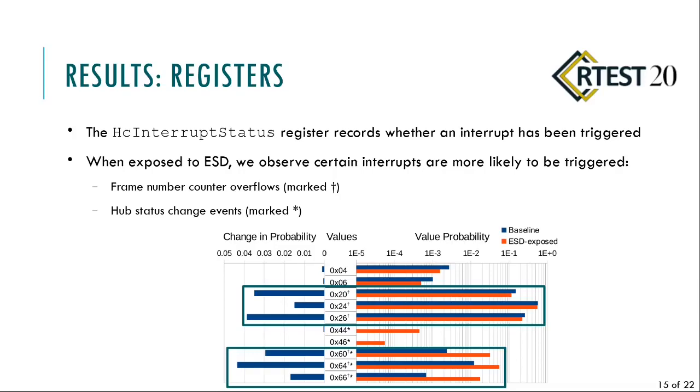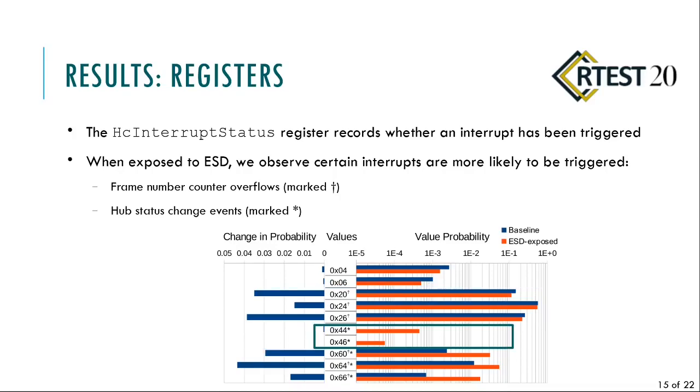So we see that perhaps a lot more frames are sent when the system is exposed to ESD. Another thing we observe is an increase in hub status change events. This has to do with whether the USB hub itself has devices plugged into it or unplugged, or things like that.